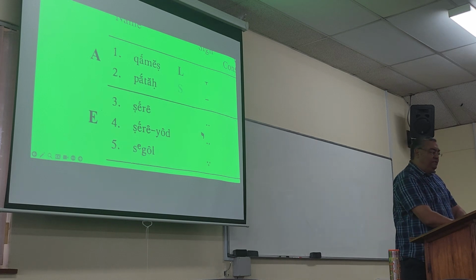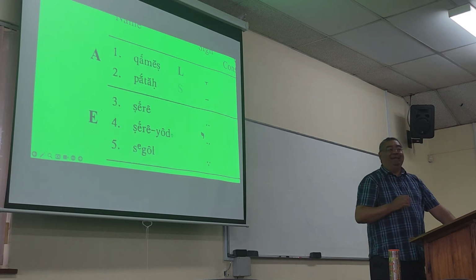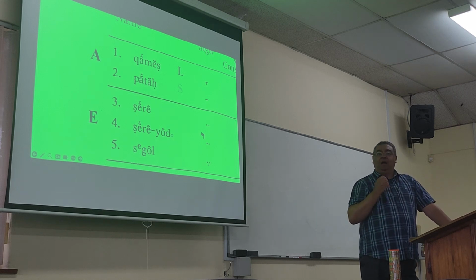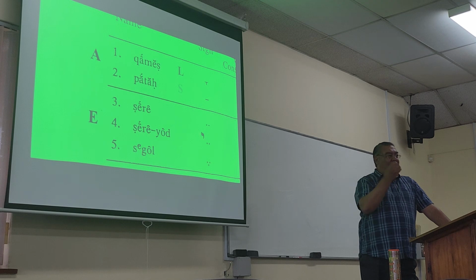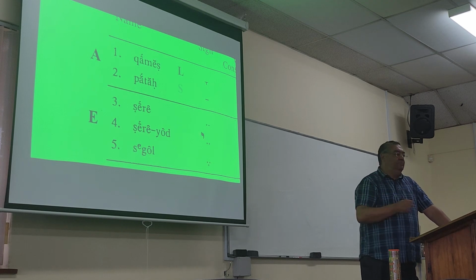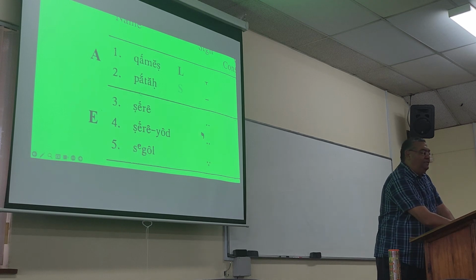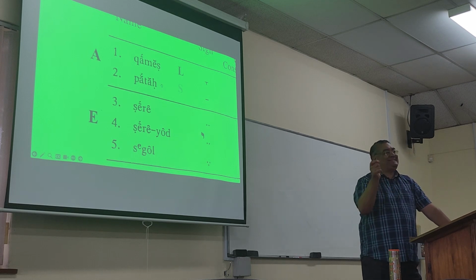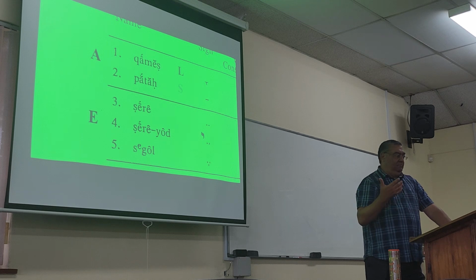Now, the first vowel, which is your long R-class vowel, is the vowel named Kamitz. Would you like to say that? Kamitz. Okay? So that S at the end has got a dot under it, which actually means ts. So the name of that vowel is Kamitz.